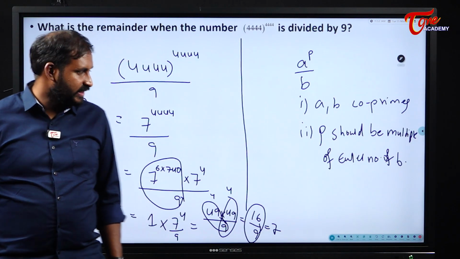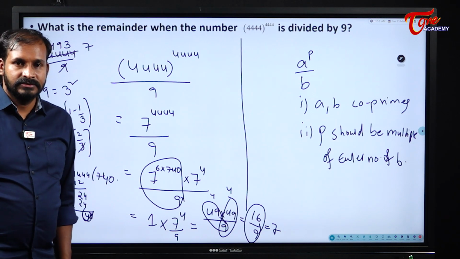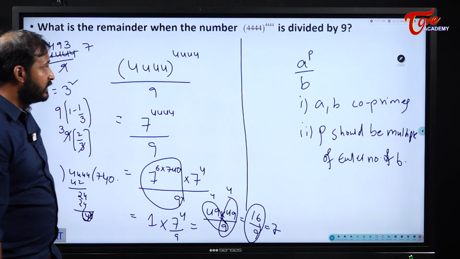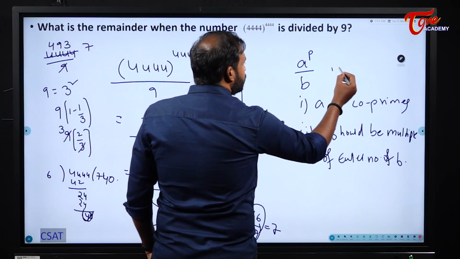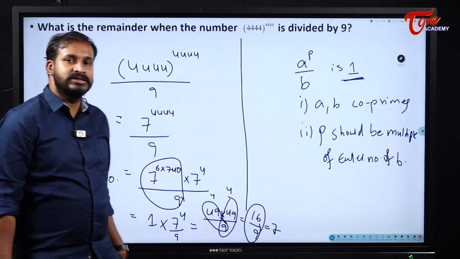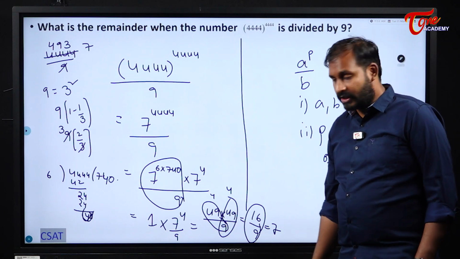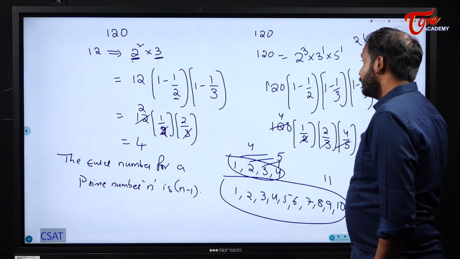If it satisfies this condition, then the remainder will be 1, always 1. With the help of Euler's remainder, you will get the answers very effectively and quickly, students. So try to understand this Euler's remainder.